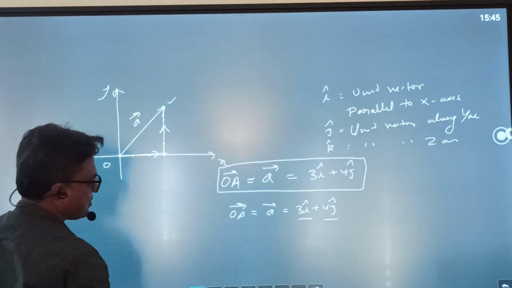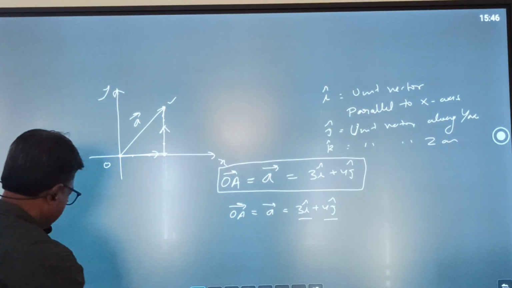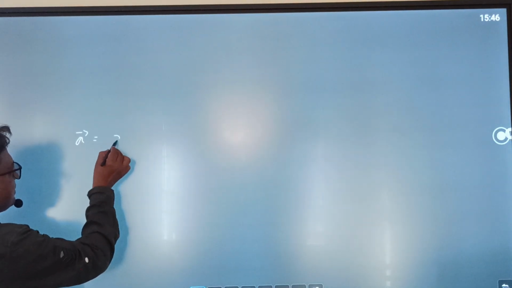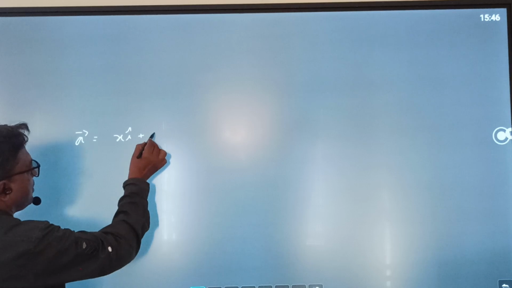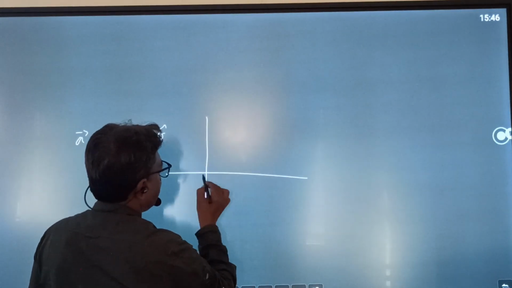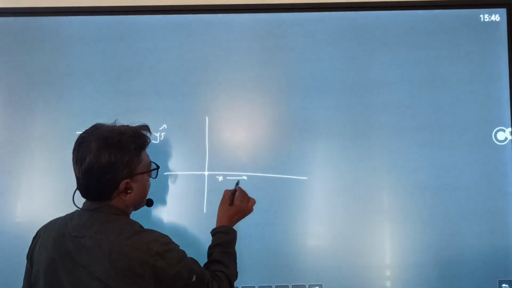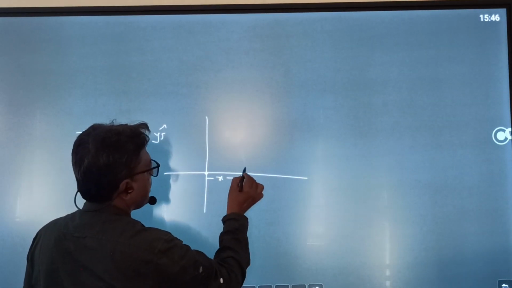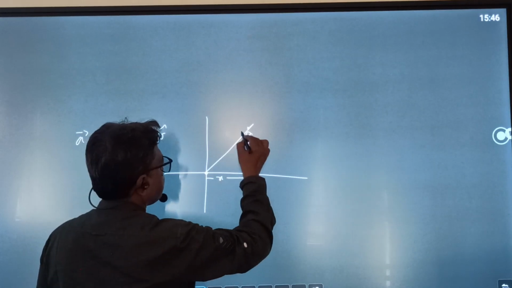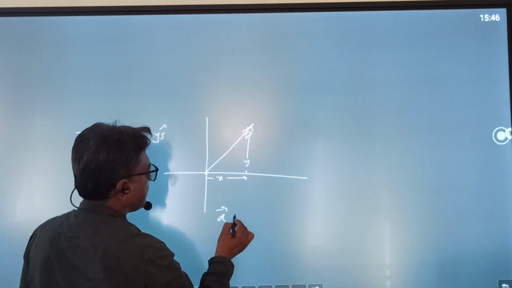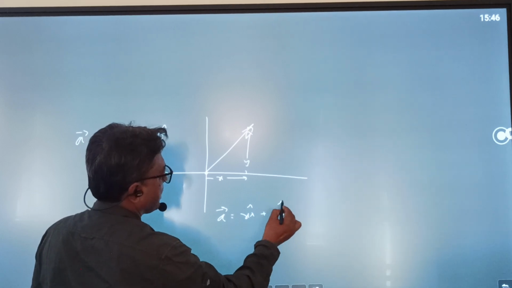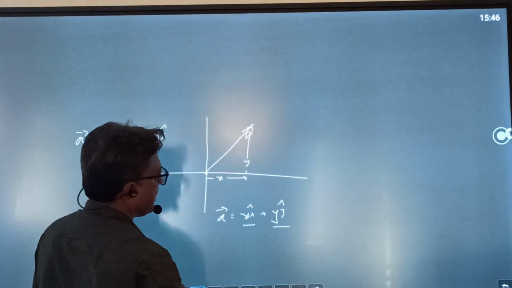Now if I generalize, suppose I write a vector A like this, xi plus yj. It simply means I have to move x units along the x axis, then y units along the y axis, and finally reach here. So now my vector is x i cap plus y j cap. These two are perpendicular to each other.